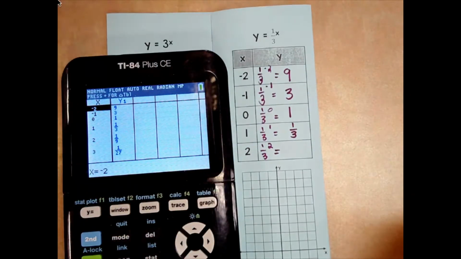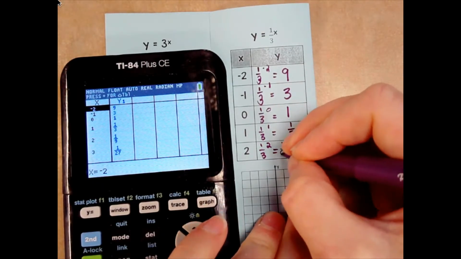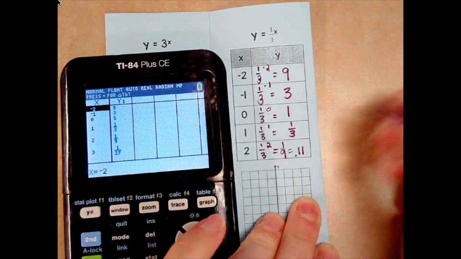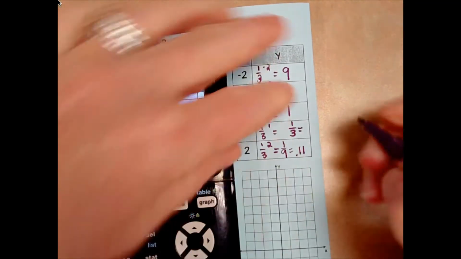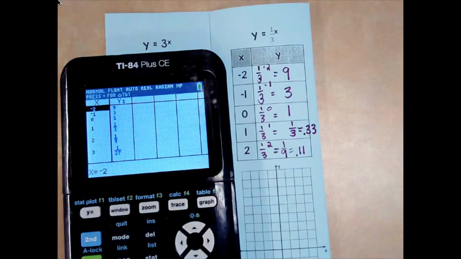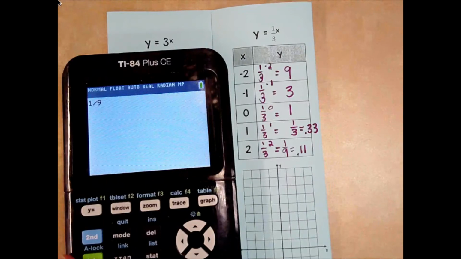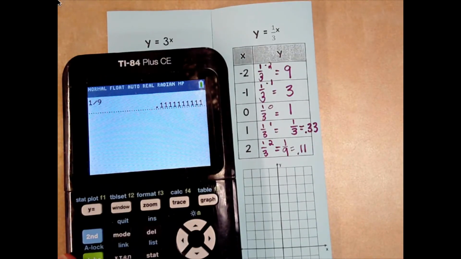What's that going to be as a decimal? Because we need to be able to graph it. 0.111. 1/3 is 0.3 repeating. So if you need to, you can go over here and put in 1/9 to find it as a decimal once you get it.